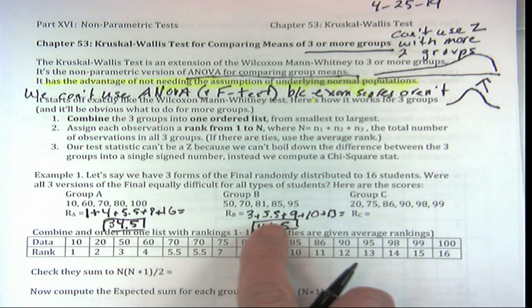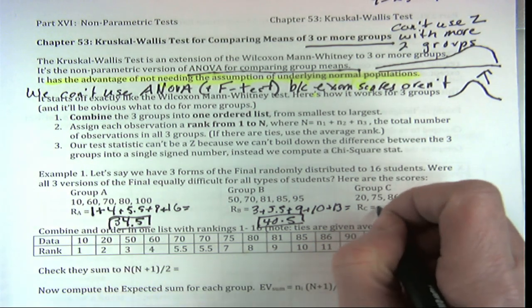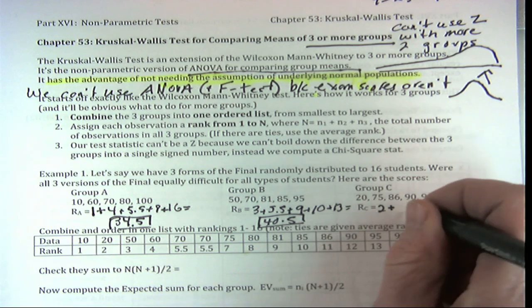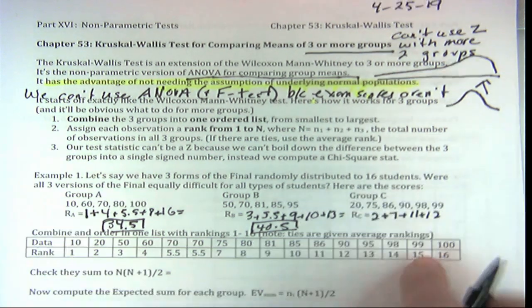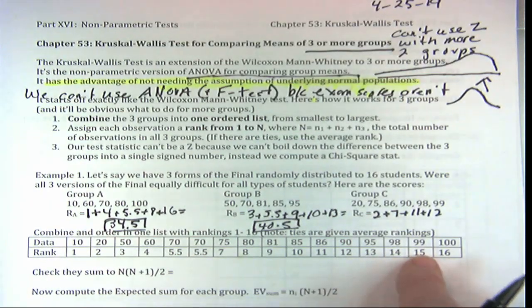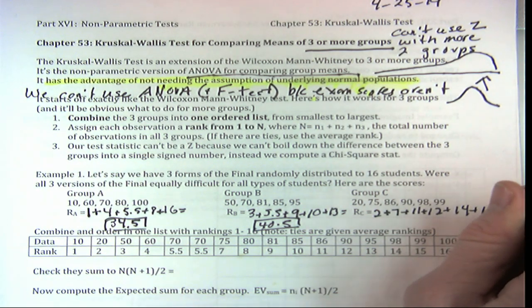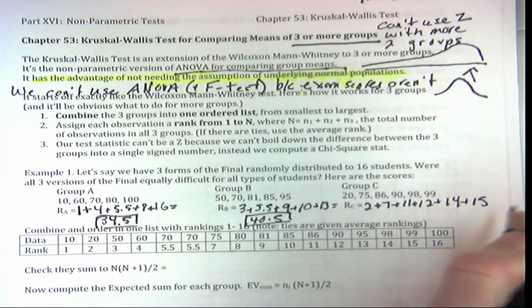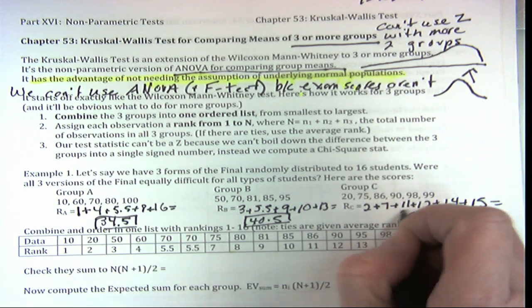Okay? 3 plus 5.5 plus 9 plus 10 plus 13. Let's do the last one. And the last one is 2. I'll just write it down because I have it here. 2 plus 7 plus 11 plus 12 plus 98 and 99 are 14 and 15. And this has 6 numbers. We add them up, and this rank sum is 61.